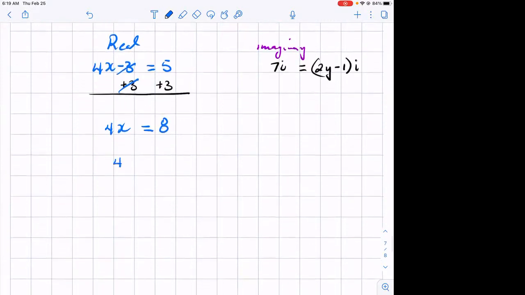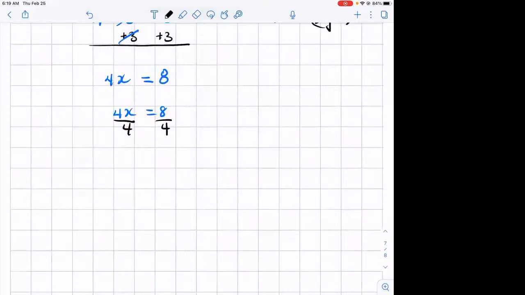And then we'll divide both sides by 4. Okay. And we have 4 divided by 4 is 1, and 8 divided by 4 is 2. Okay. So x is equal to 2.